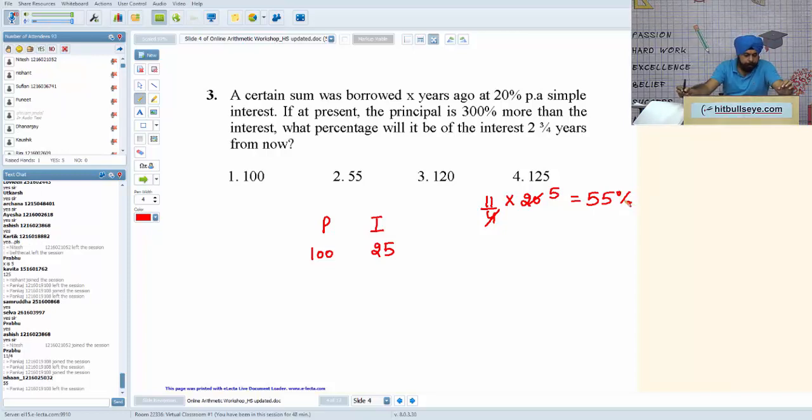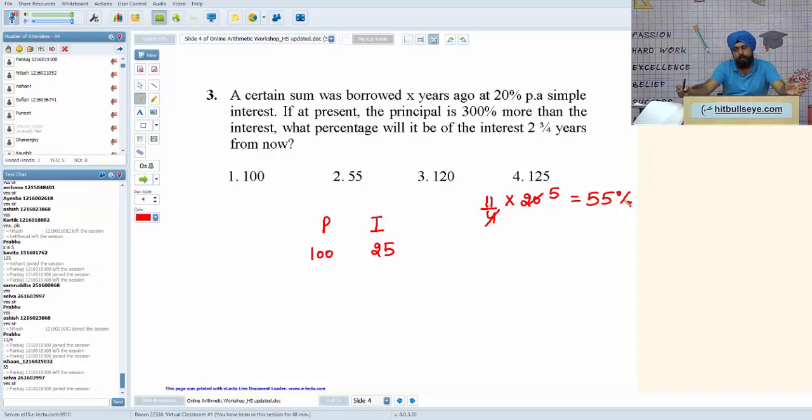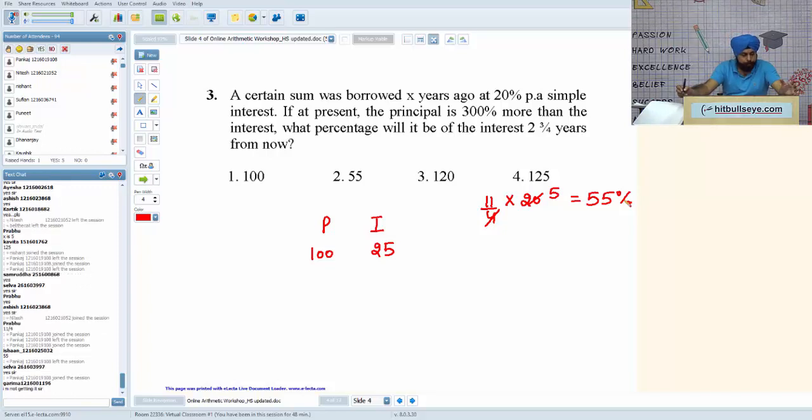In case of simple interest, the interest is always calculated on the same principal. Right? So when you take 10% for 4 years, it is equal to 40% for 1 year. When you take 2.5% for 4 years, that is equivalent to 10% for 1 year. That is the total interest as a percentage you can take to be the product of rate and time.